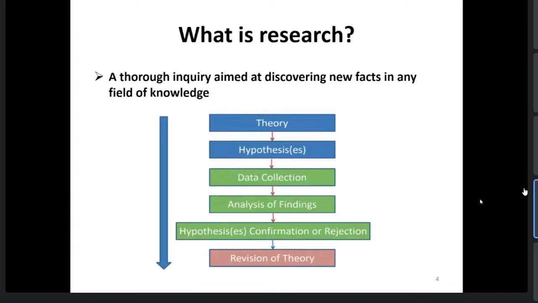So for performing research, what we need is that we must first know about the domain, then we must know about the theory part. You may need some mathematical concepts, and we see what the hypotheses are, and to prove the hypothesis we need collection of data.